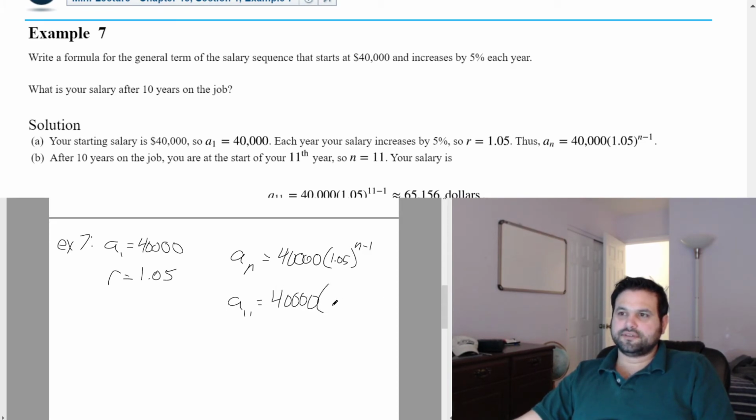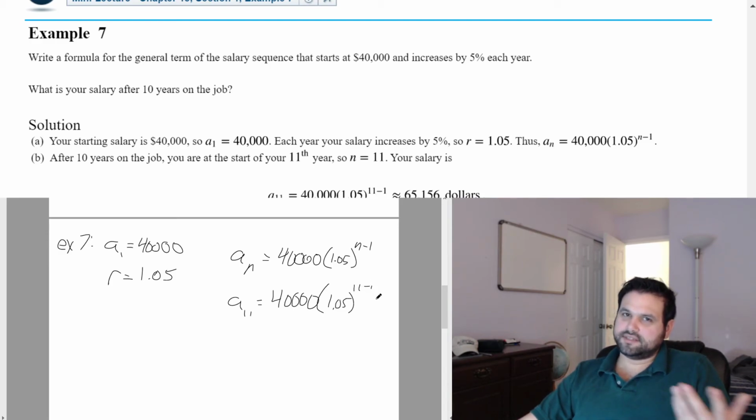So 40,000 times 1.05 raised to the 11 minus 1, or raised to the 10. I'm not going to do that in my head because that would be weird. Not weird, but impressive, I guess. 40,000 times 1.05 raised to the 10, and it looks like 65,000.